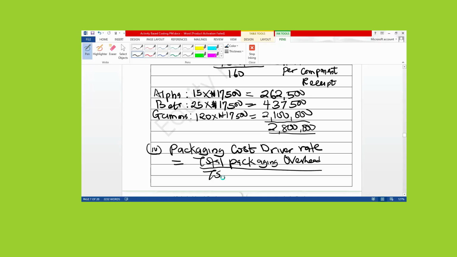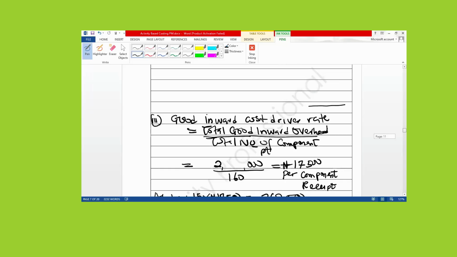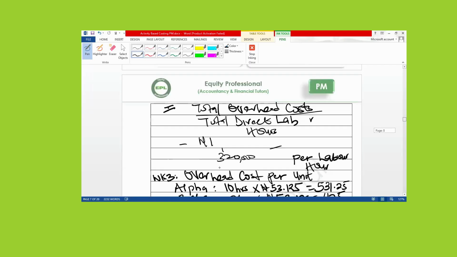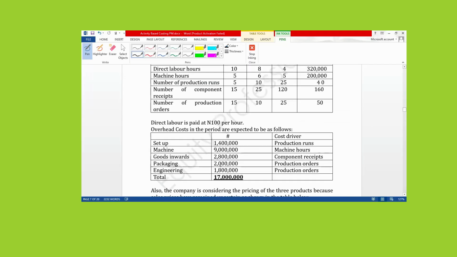Examiner says total number of production orders. Look at it here. Packaging is 2 million. Orders 15, 10, 25, totaling 50. 2 million divided by 50.